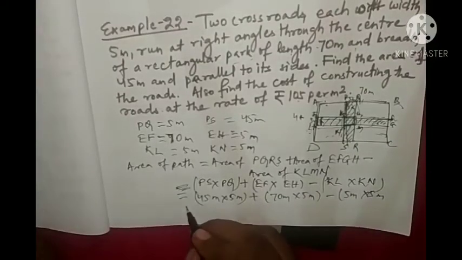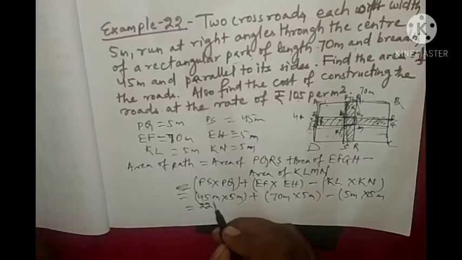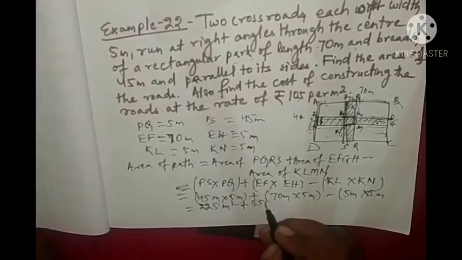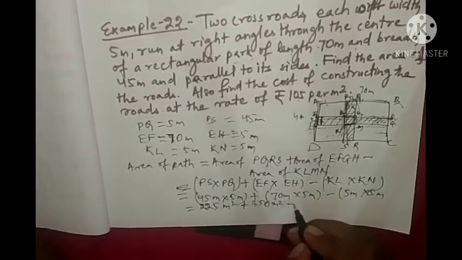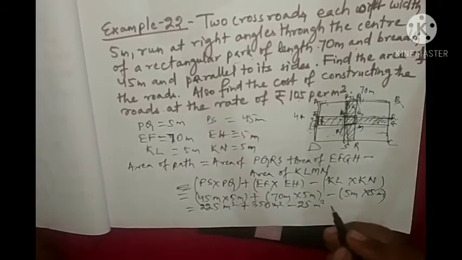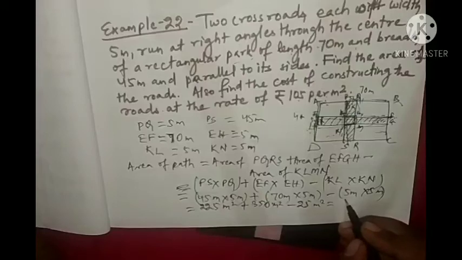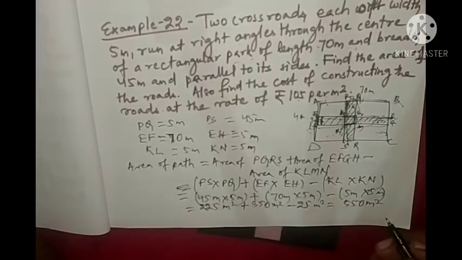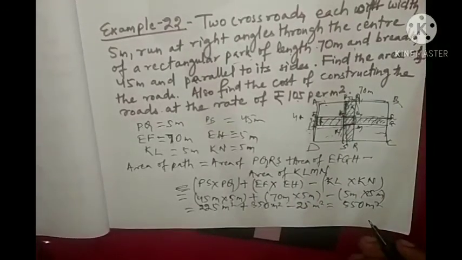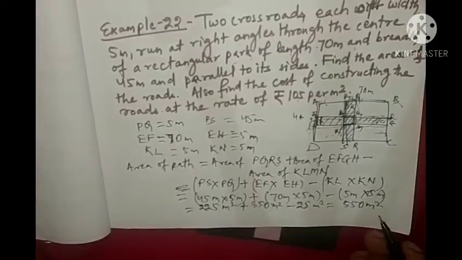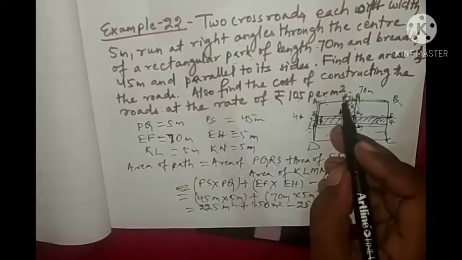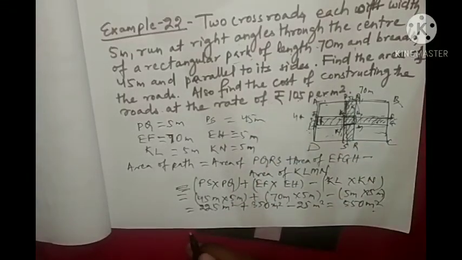How much did you get? 225 square meter plus 350 square meter minus 25 square meter. So you got the answer 550 square meter. The area of this crossroad is 550 square meter. Now we'll find the cost. The rate per square meter is 105 rupees.